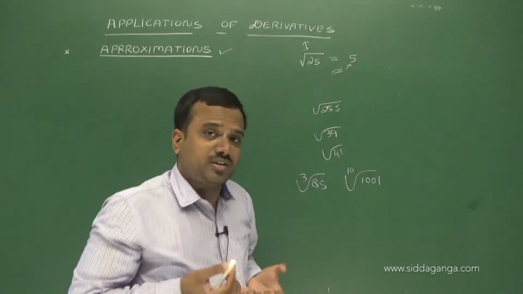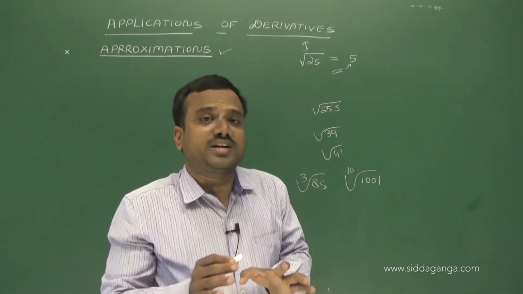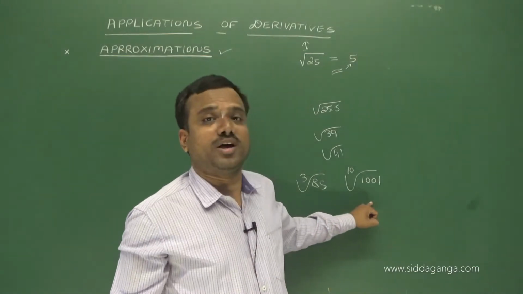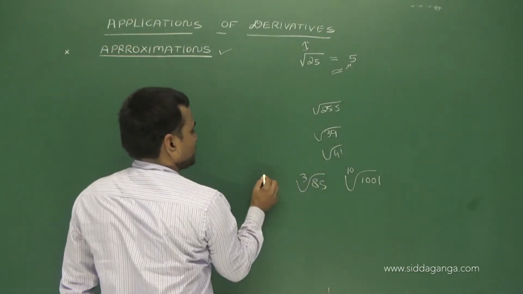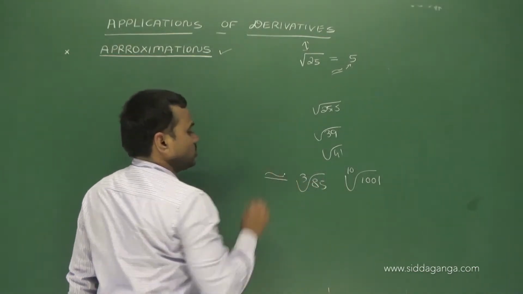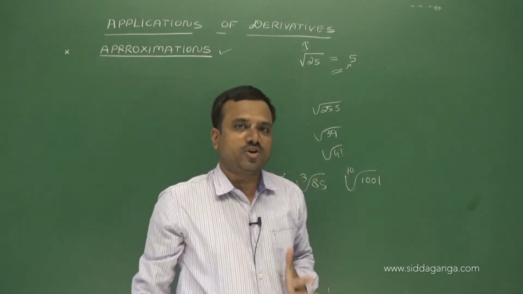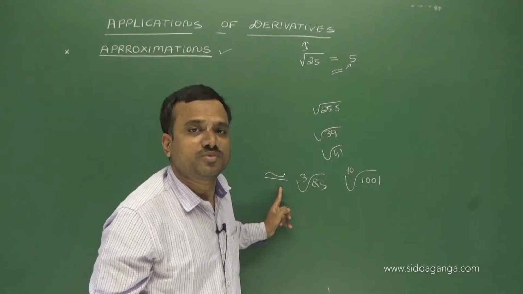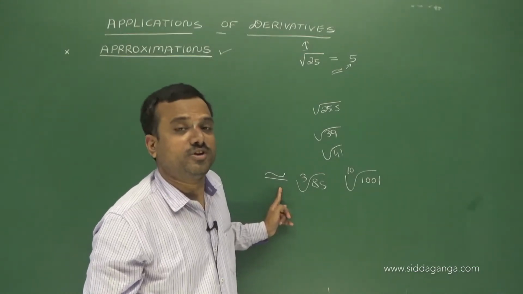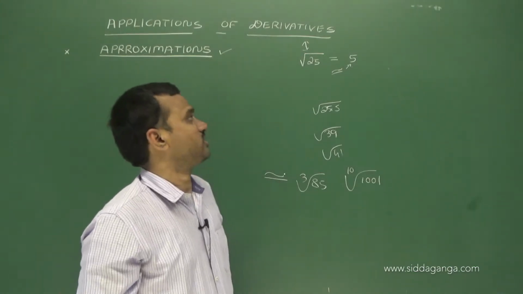The value we get is not exactly equal, it is near to that value. That's why it is called approximation.